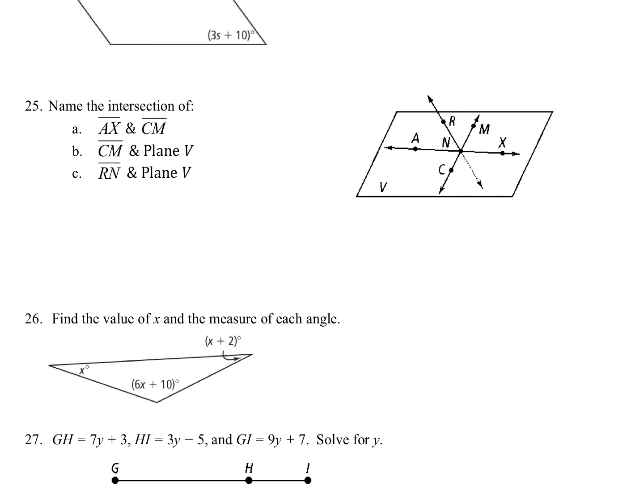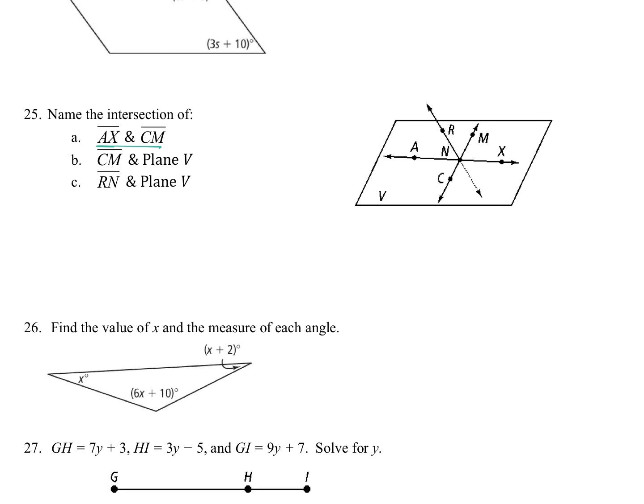They meet to cut something in half. So if we're naming the intersection of AX and CM, here's AX, here's CM, where do they meet up? Point N. This point right here is point N. So point N is their intersection.